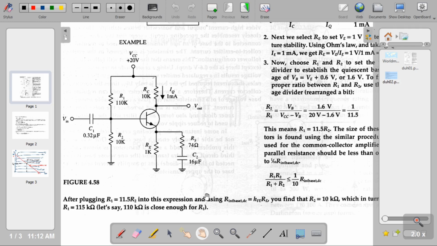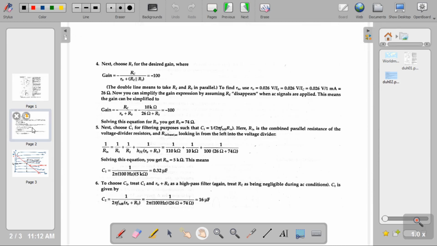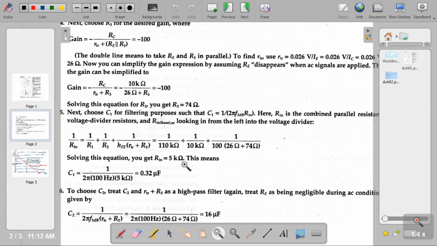Okay, so basically now you have the two equations, and you can find R1 and R2 for the voltage divider. Okay, so here for completeness, I'm just going to show the rest of what's in the book.